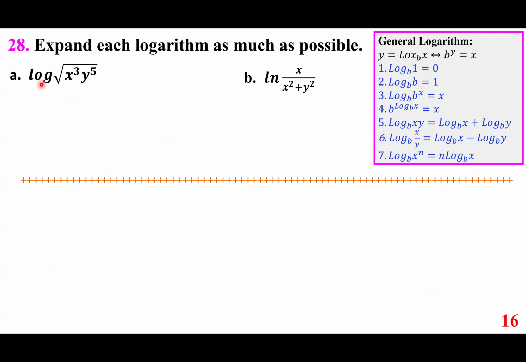All right, log square root of x cubed y to the power of 5. First and foremost, we can rewrite this as x cubed y to the power of 5 to the power of 1/2.